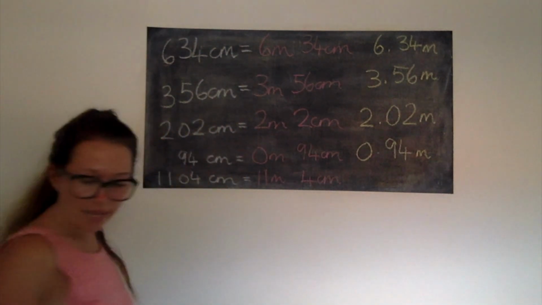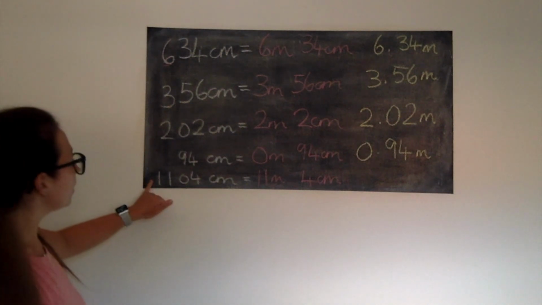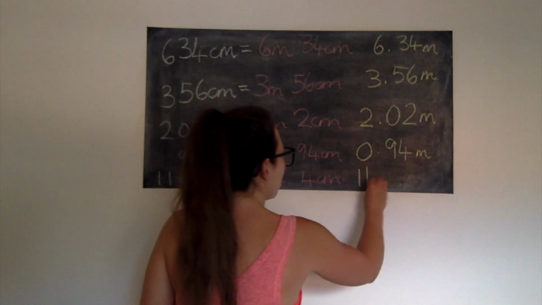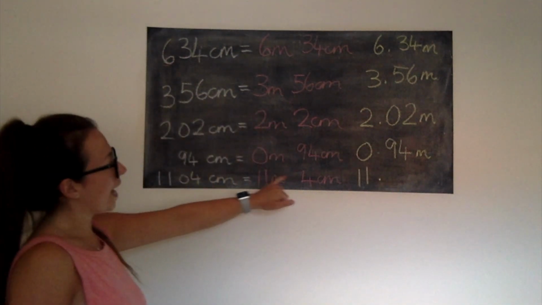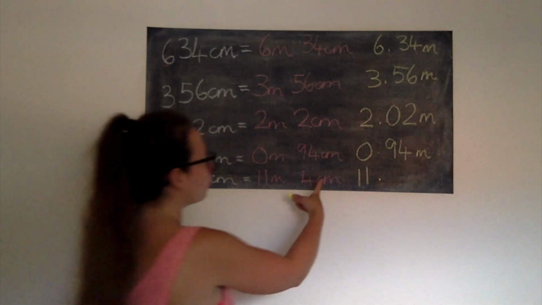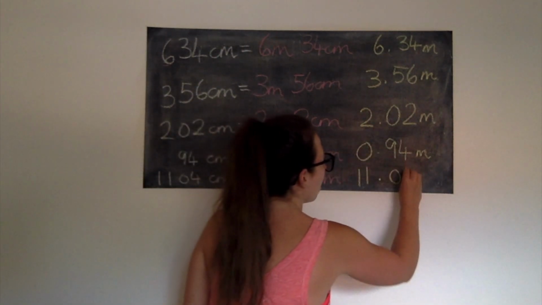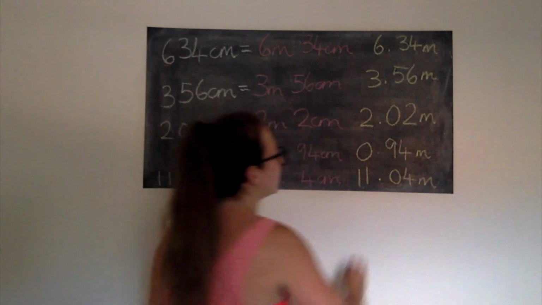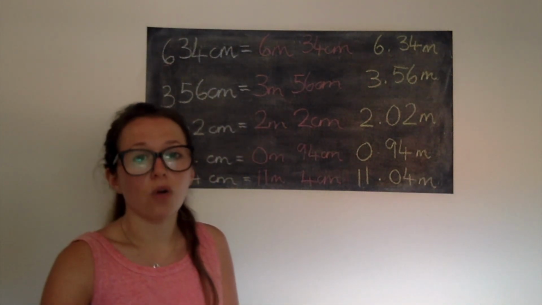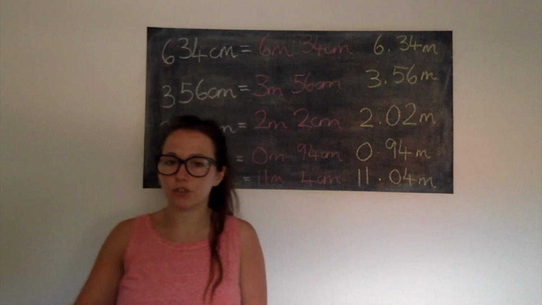Okay, so as a decimal, we just do the same. With this number, we divide it by 100. So I'd have 11 whole metres and 4 centimetres left. When we're dividing that by 100, that's 4 hundredths of a metre. So it would be 11.04 metres. Really well done if you got all of those, because some of those were really, really tricky.